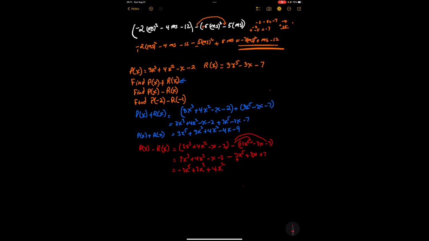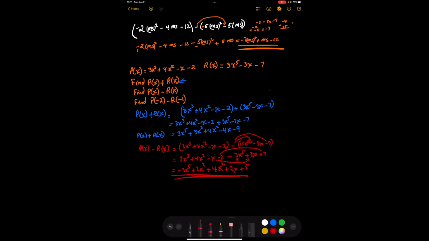Now, negative x plus 3x is positive 2x, and negative 2 plus 7 is positive 5. And so this right here is your answer for p of x minus r of x.